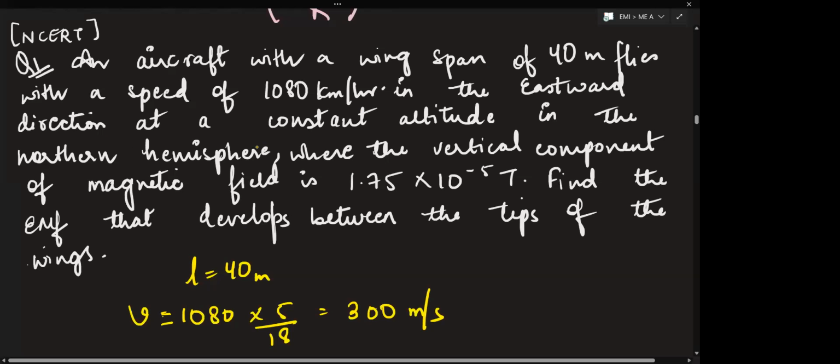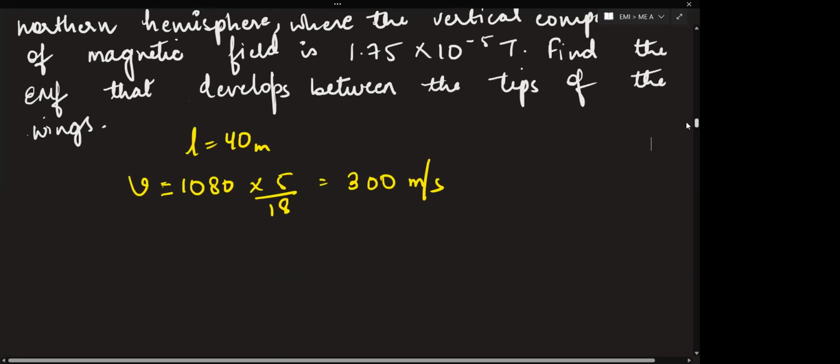It flies in the eastward direction at a constant altitude in the northern hemisphere, where the vertical component of the magnetic field is 1.75 into 10 to the power minus 5. This means the vertical component of Earth's magnetic field. This topic is left from the 5th chapter. This is 1.75 into 10 to the power minus 5 Tesla. You have to find out the EMF.